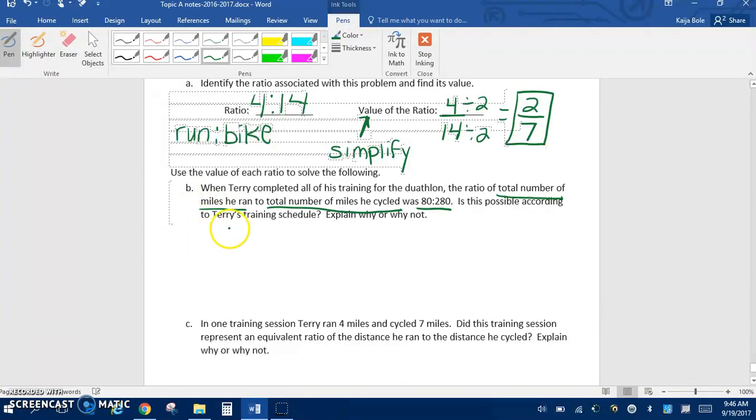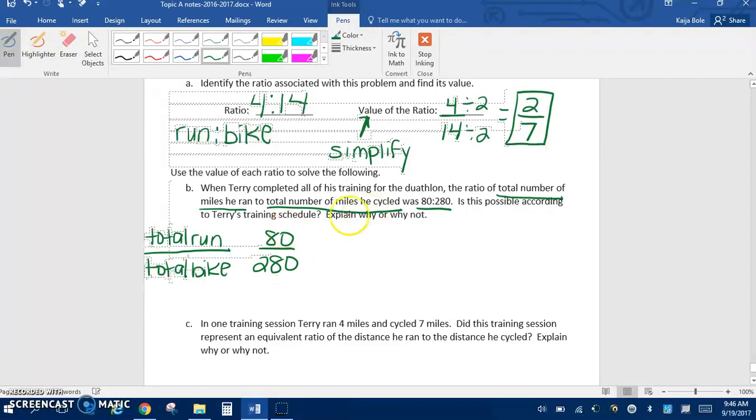So first we need to write out the ratio as a fraction, right? So we are looking at total run over total bike. Those are the two things we are comparing. So we know, based off of what they told us, this is going to be 80 over 280.